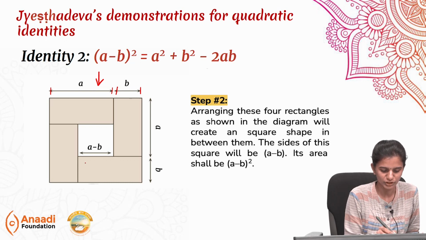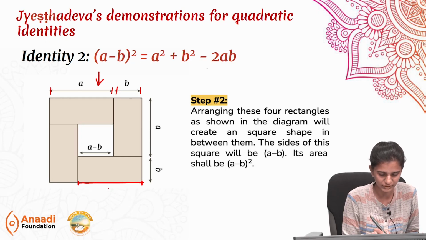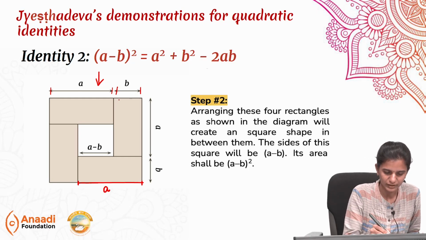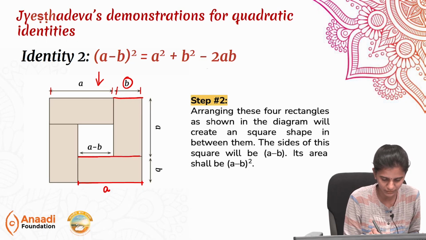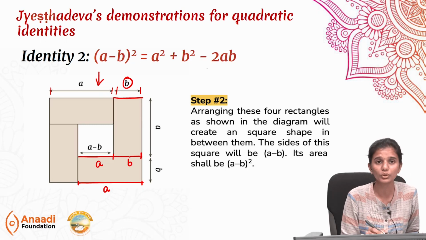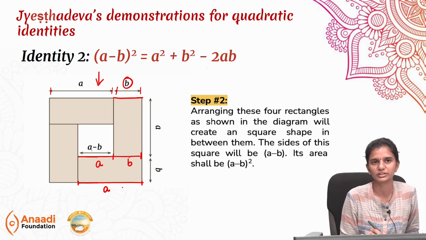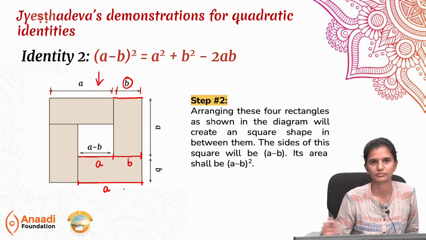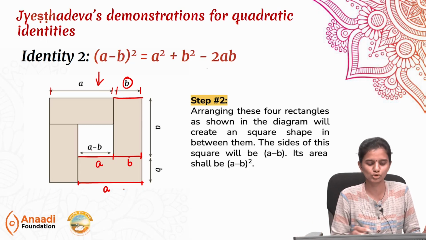Now, we know that this length of this rectangle is A and this side it's B. So here also this would be A, and this part would be B. Now, when we subtract B from A, we get the side of the square, that is A minus B. So, to find the area of the square, it would be A minus B the whole square.